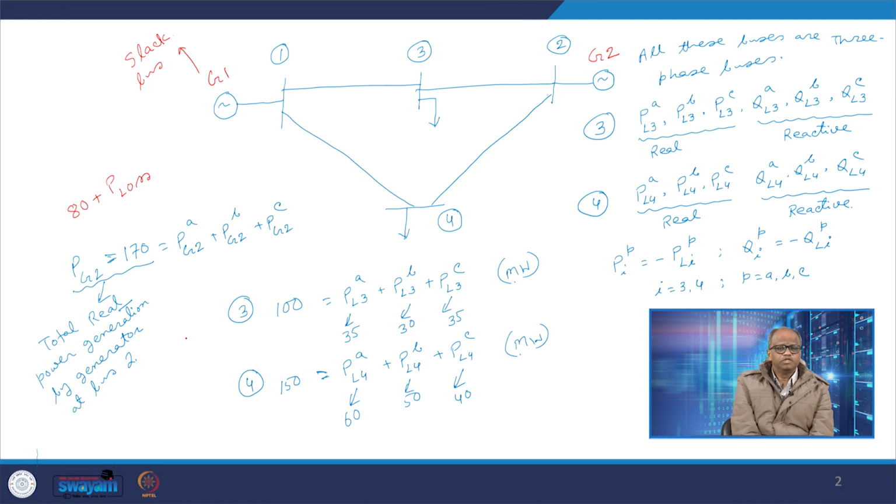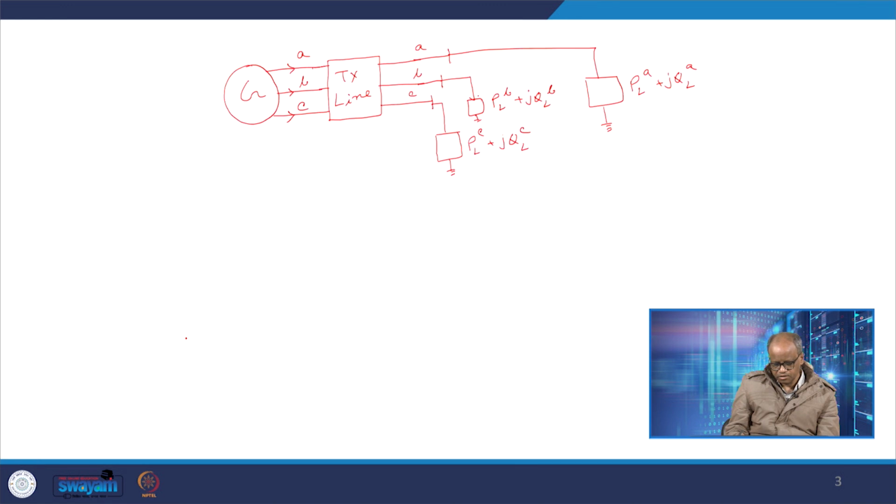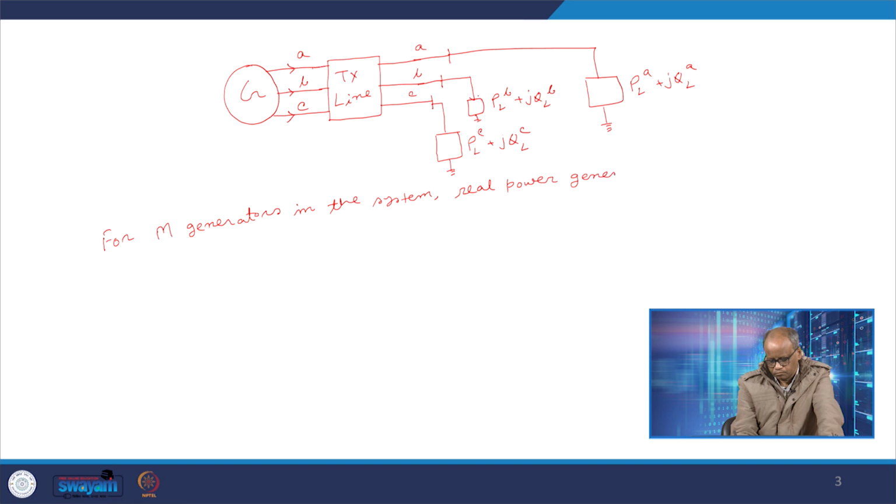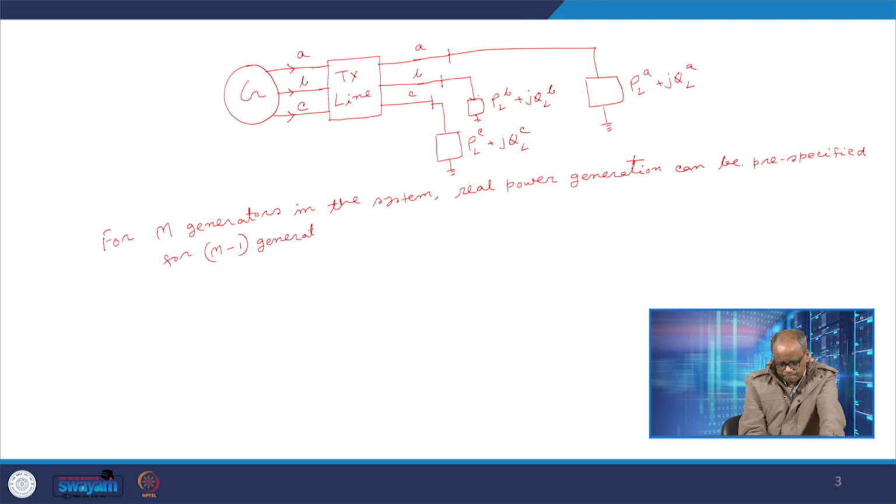So if there are m generators in the system, the total real power generation can be pre-specified for m minus 1 generators only.